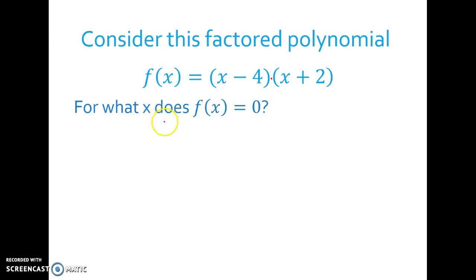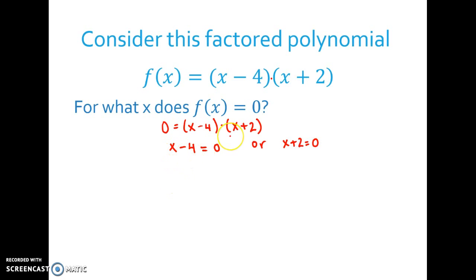So we say 0 equals x minus 4 times x plus 2. And so we know either that x minus 4 equals 0, or x plus 2 equals 0, or possibly both.